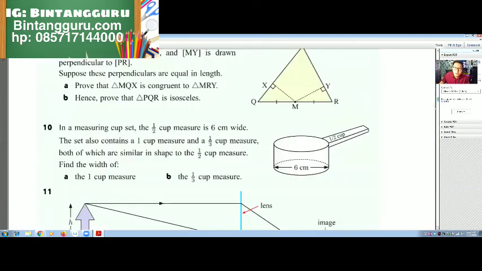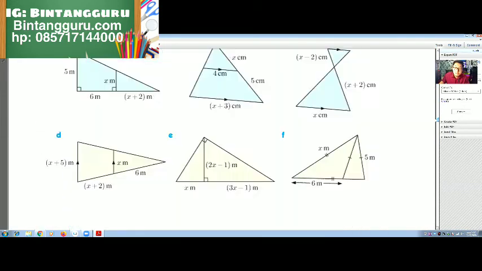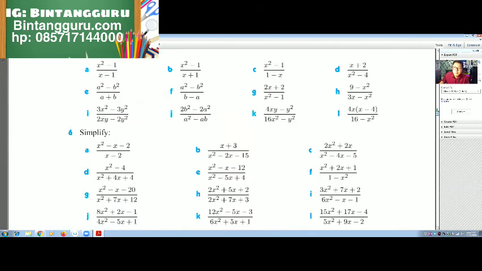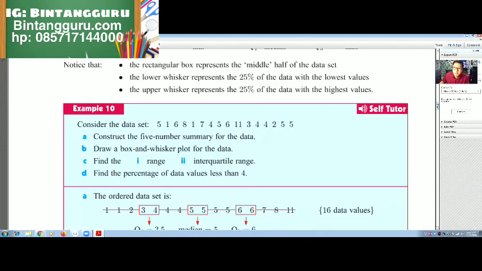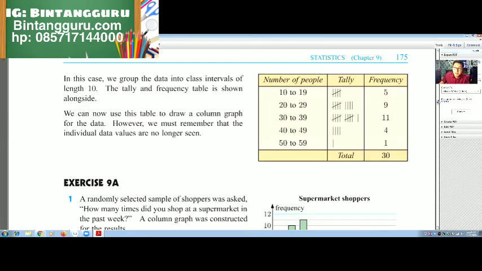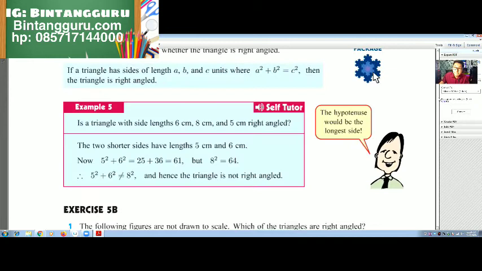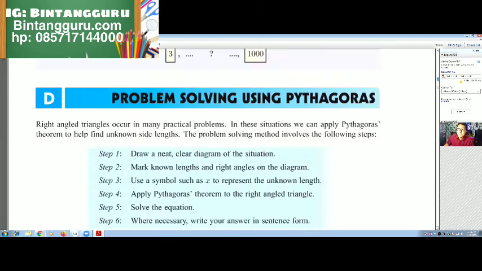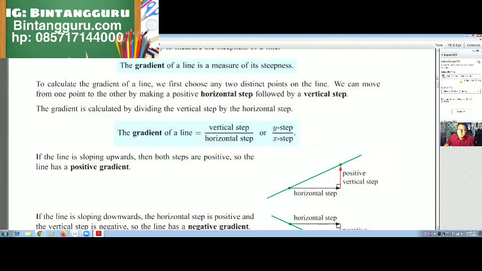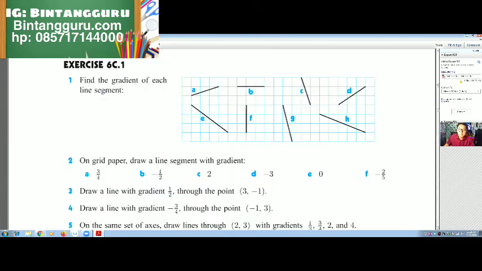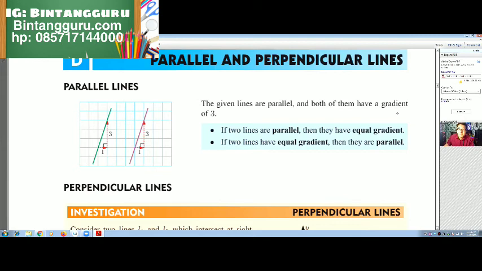So this is page 113. Okay, so now we move to the new chapter.